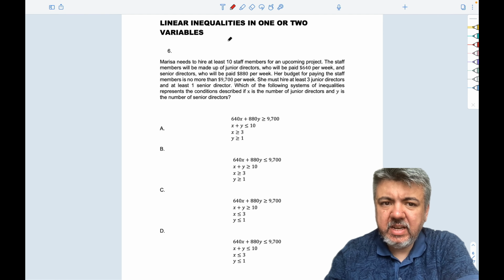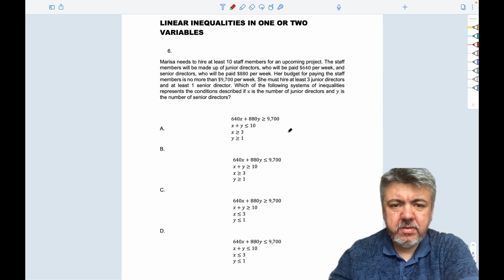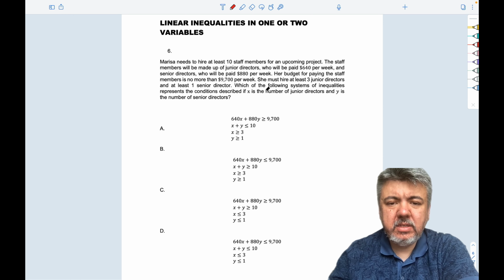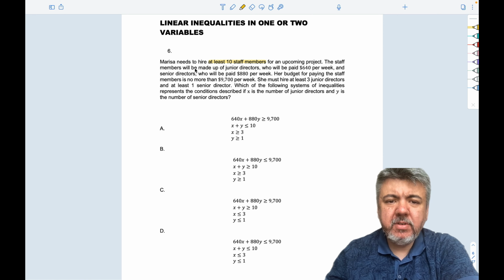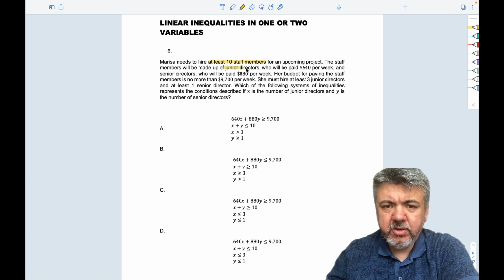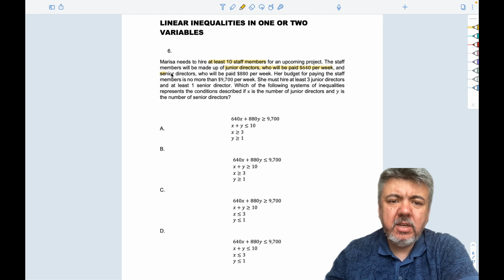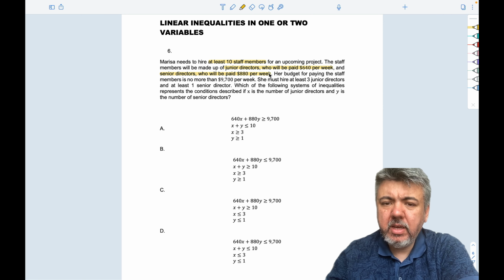Question 6 is a classical SAT question. It's a system of inequalities question. Let's read it. Marissa needs to hire at least 10 staff members for an upcoming project. The staff members will be made up of junior directors who will be paid $640 per week, and senior directors who will be paid $880 per week.